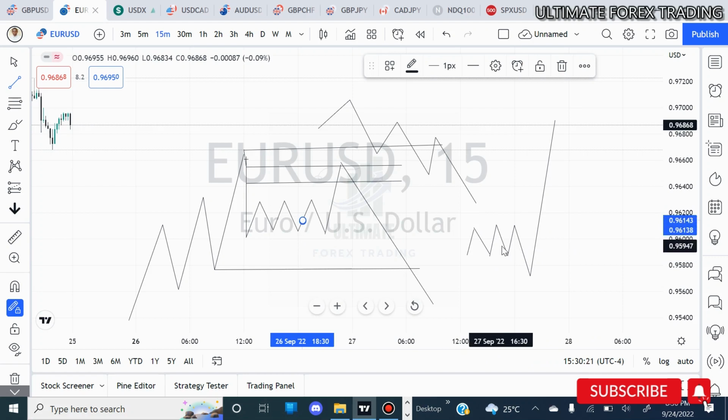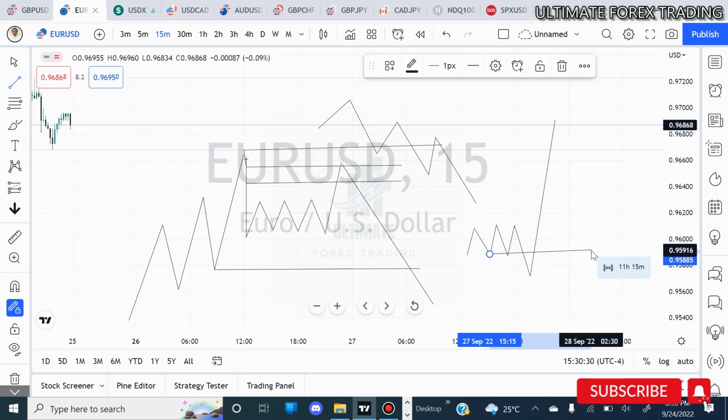So make sure you take note of the opening price for the week. An ideal buy for short-term trading using the Power of Three concept should be below or at the weekly opening price, and an ideal sell should be above or at the weekly opening price, right? So that's that for that.